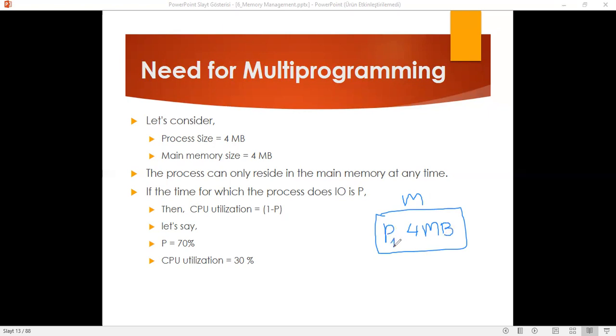I have only 1 process. If this process only makes CPU-bound operations, I mean all of them are related to the CPU and it does not need any input output operation, then here the percentage of input output operation will be 0. Or if it goes for input output.